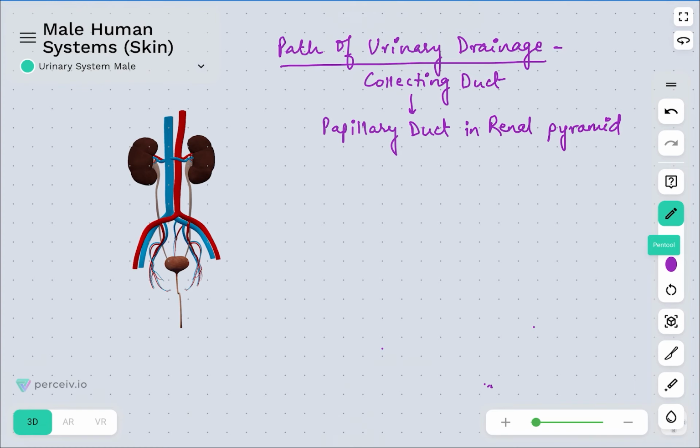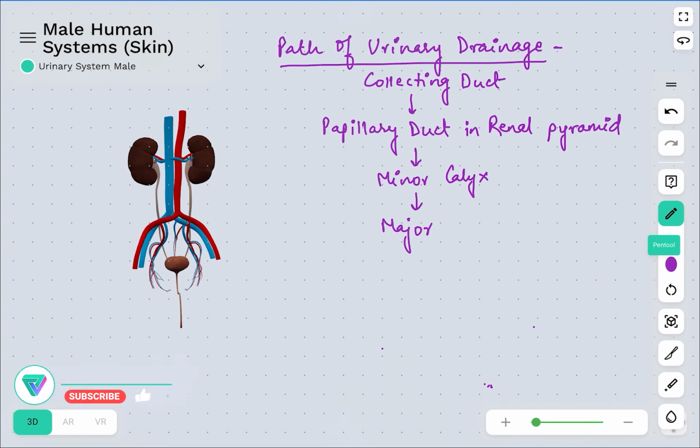So first is the collecting duct, then the papillary duct present in the renal pyramids. Then there is the minor calyx, then the major calyx. I'm writing this pathway down to help you understand how the passage takes place.